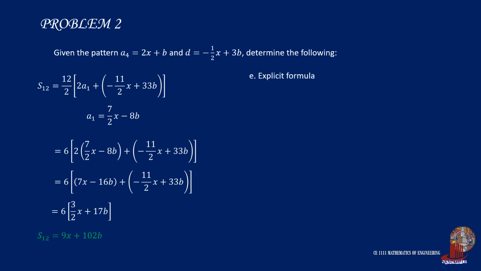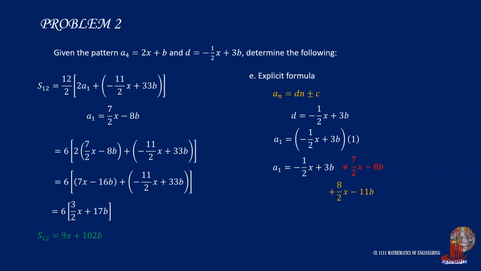For the explicit formula, the nth term is in terms of n, with a difference. So, a sub 1 uses n as 1 and becomes negative half of x plus 3b multiplied by 1. This shows a sub 1 as just the difference, and it is obviously not the same with the computed a sub 1 earlier.